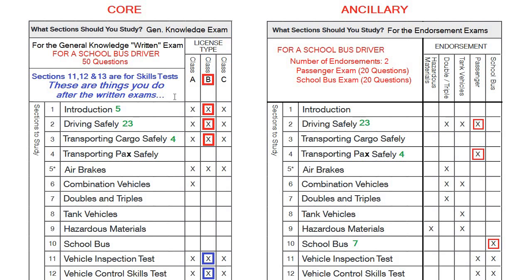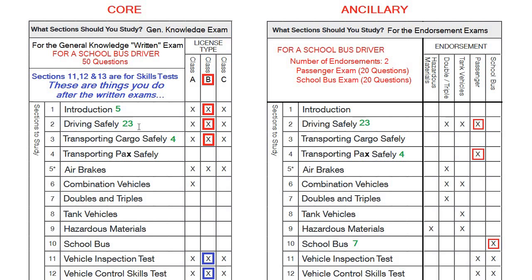So really, it's quite simple. For your core, for your general knowledge, that's 50 questions. You need to study the introduction section. That's section 1, which has 5 subsections. You also need to study driving safely. That is section 2, with 23 subsections.